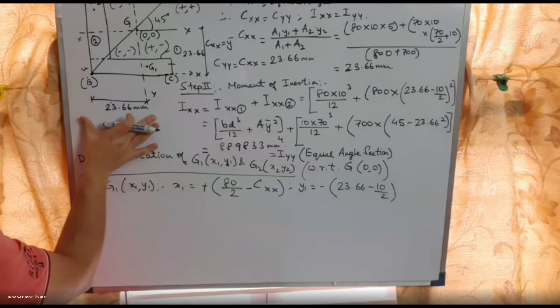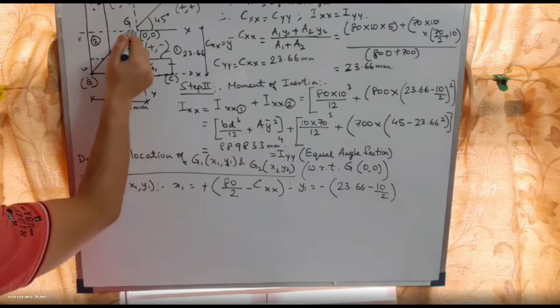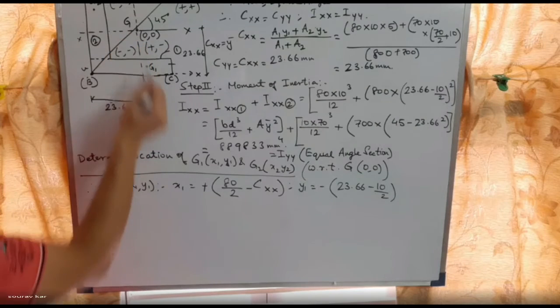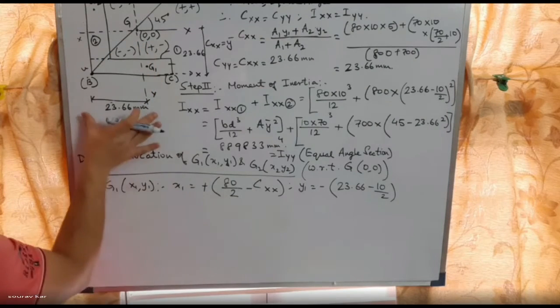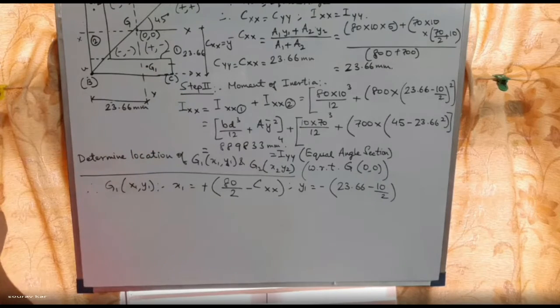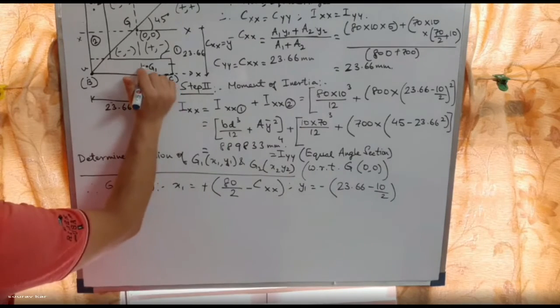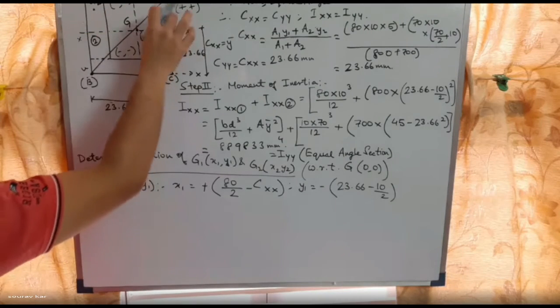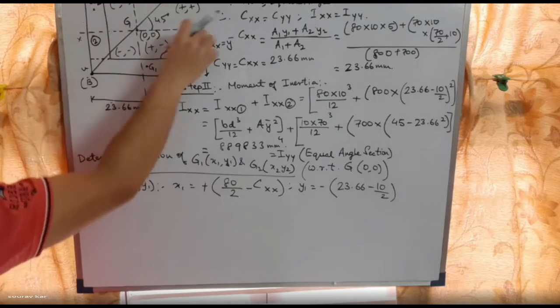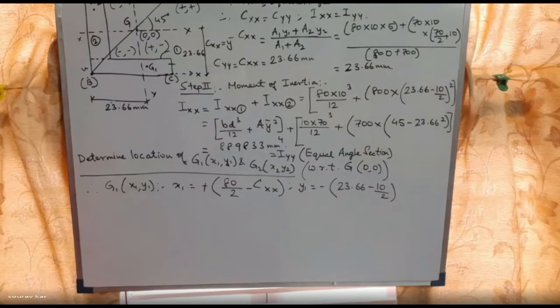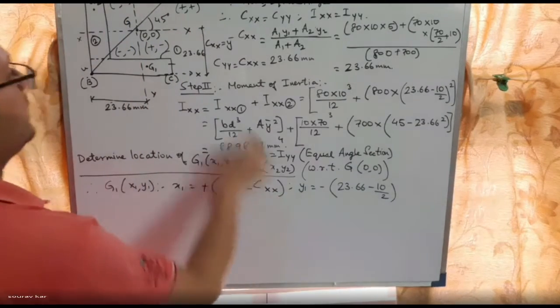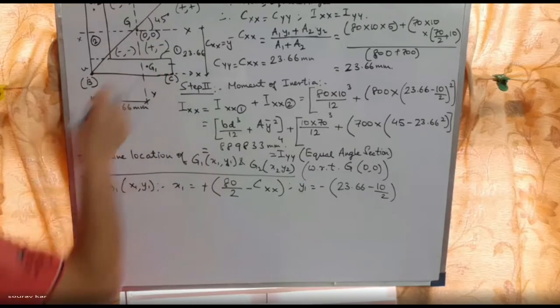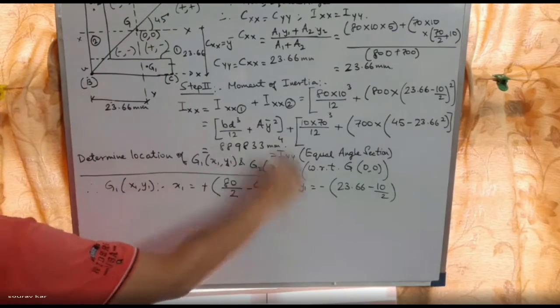But here c-axis is also there. So I am finding out this with respect to this point. So 40 minus c-axis, that is the location of G1. Okay, so we are calculating this distance with this dotted line. Okay, these dotted lines, dotted x-axis and y-axis. Similarly, for y1, y1 is in down negative side, so minus this distance.